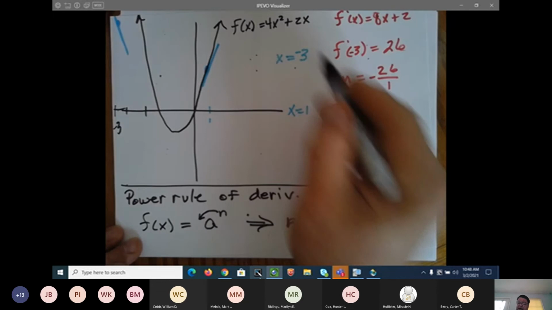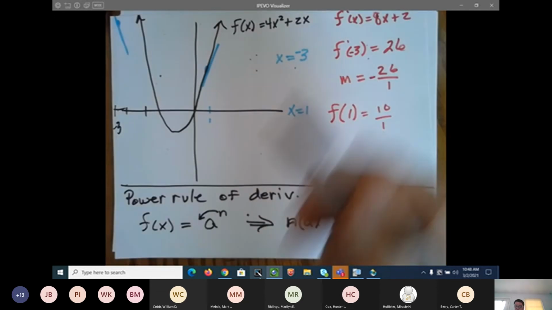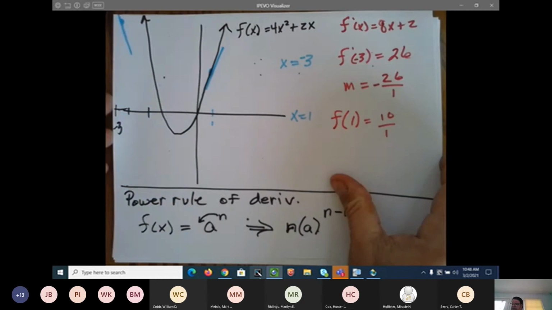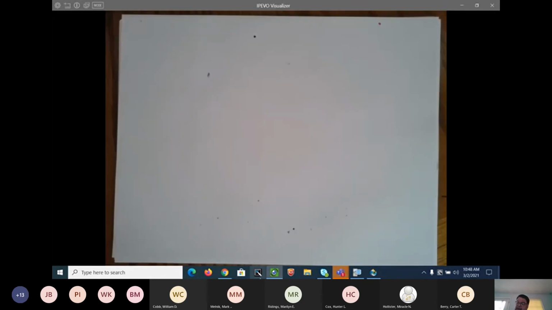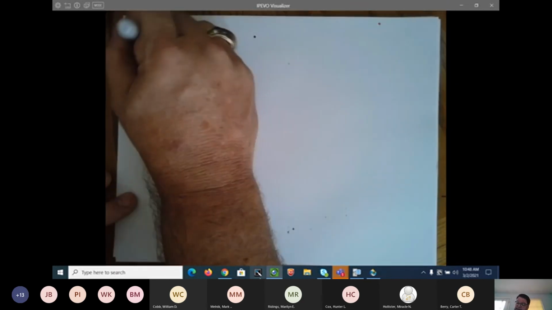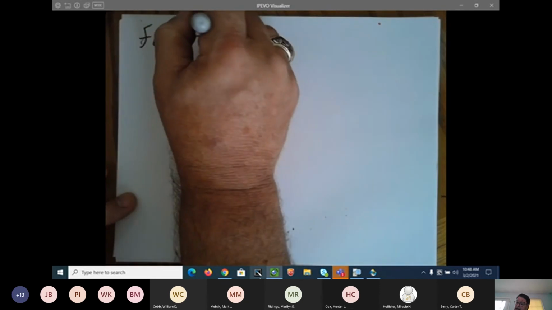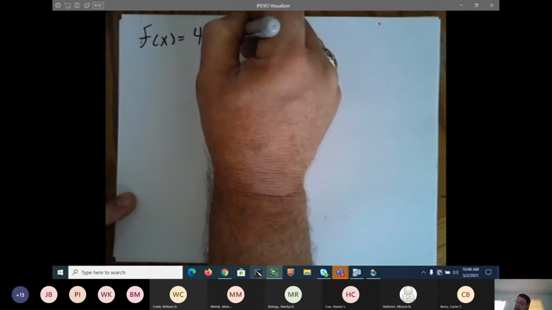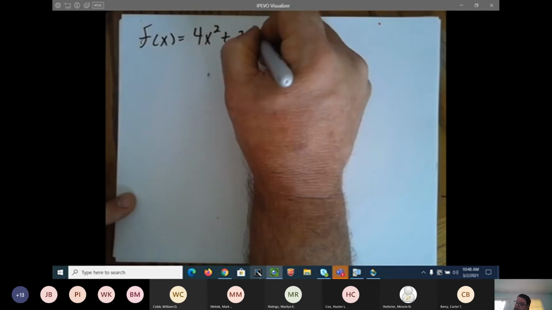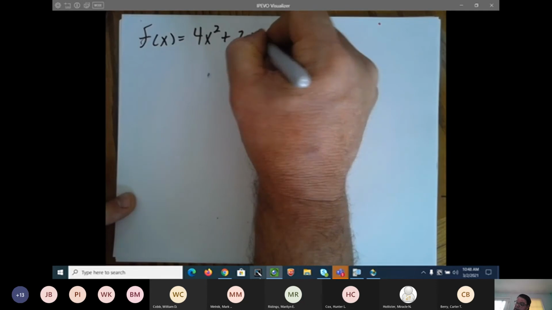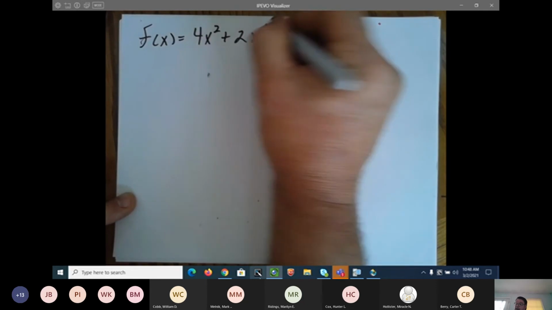So let's go back to the original equation. f of x is equal to 4x squared plus 2x. Now I'm going to put x to the 1 right here because we have to do the power rule.